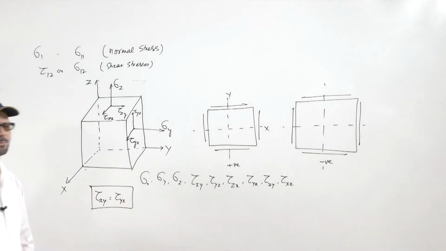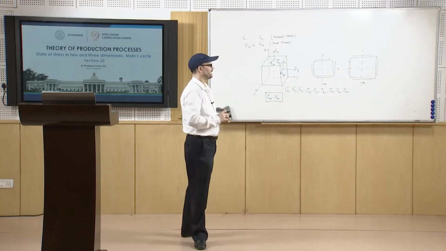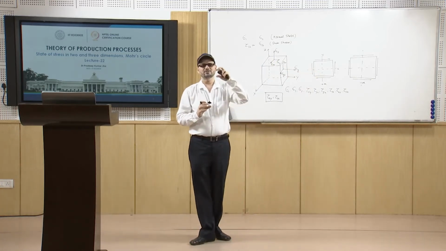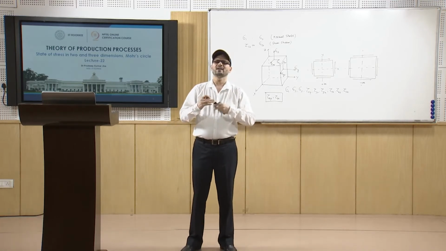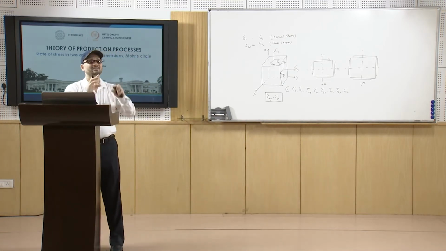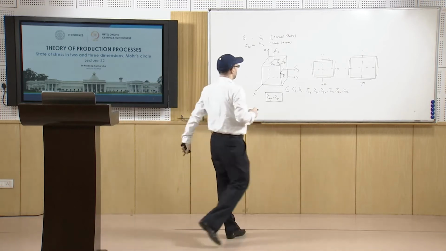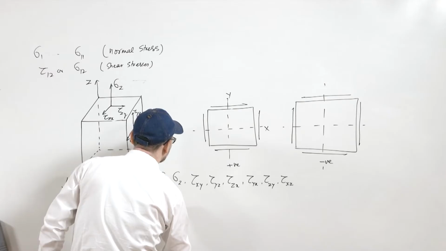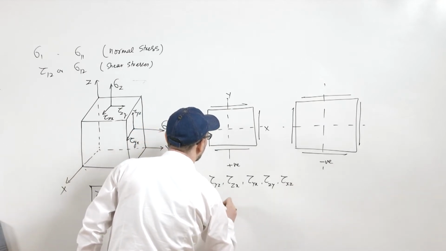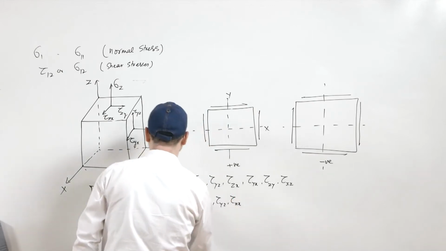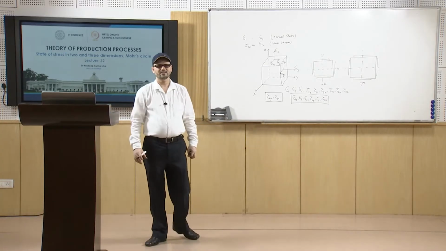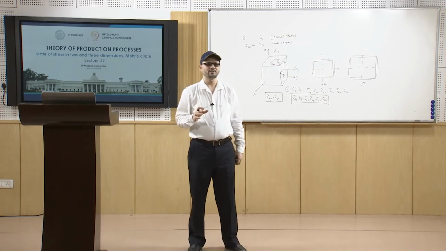So, ultimately you require only 6 components: sigma x, sigma y, sigma z, tau xy, tau yz and tau zx, for describing the state of stress at a point.